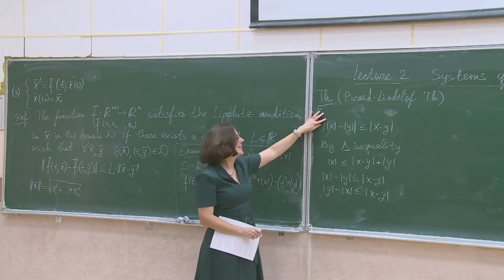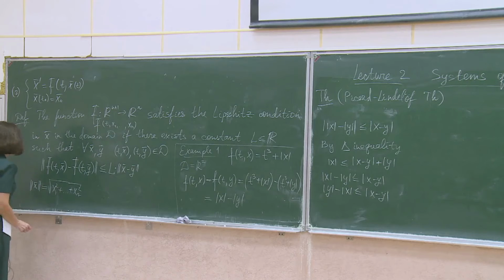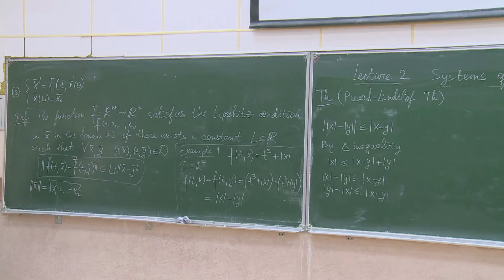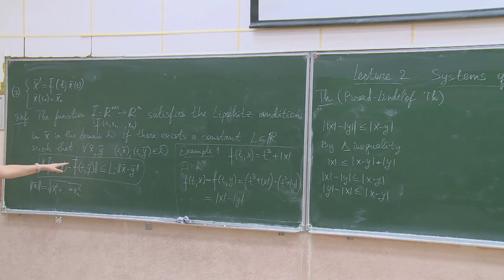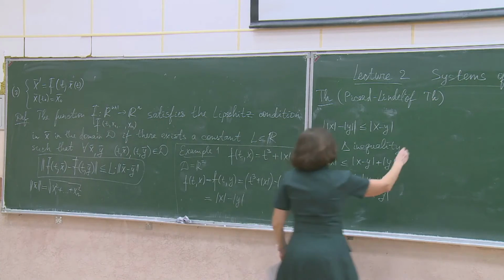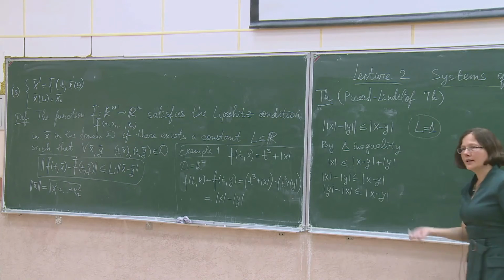Yes, it is Lipschitz, because look at this definition, look at this inequality. Our inequality is a particular case of this inequality with L equals, what is L in our inequality? 1, correct. L is 1. So it is Lipschitz.